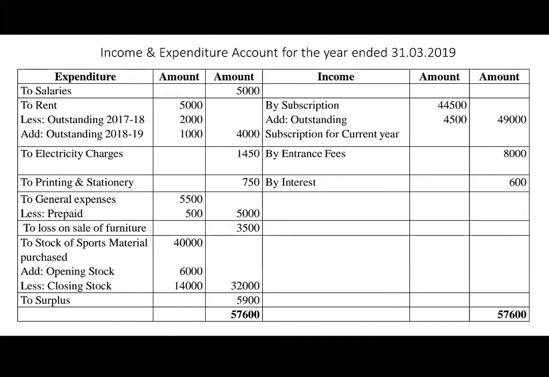Correct answer is given by Preeti: the asset side. So two effects: first, add to the subscription on the income side, and second, show it on the balance sheet asset side. Now we are not preparing any balance sheet, so we will not record the second effect anywhere.